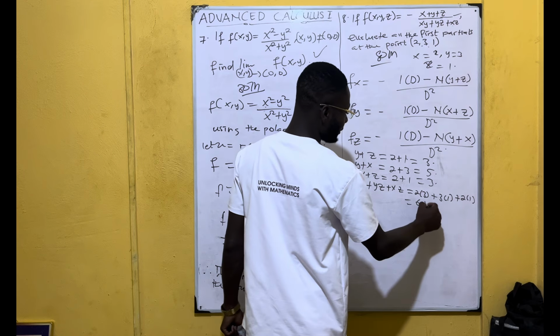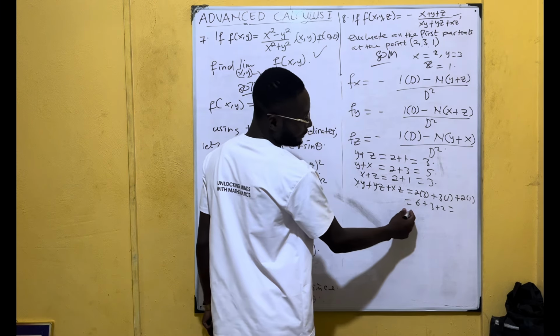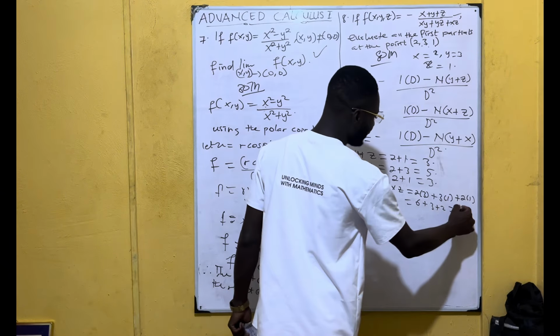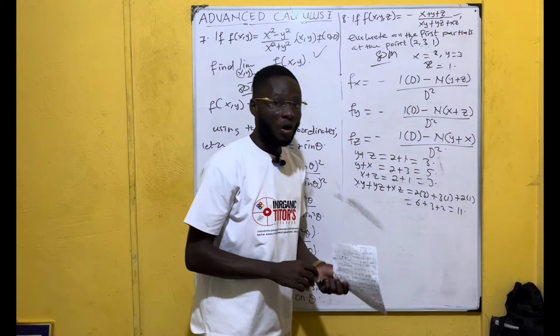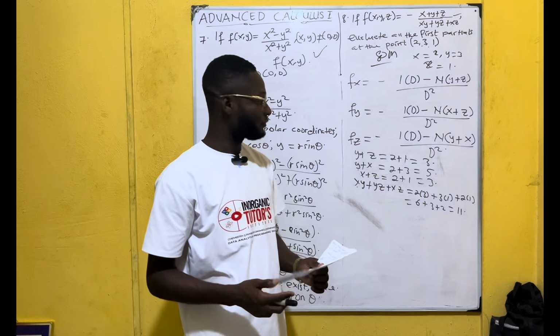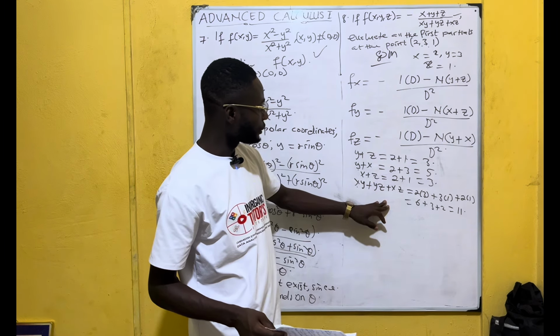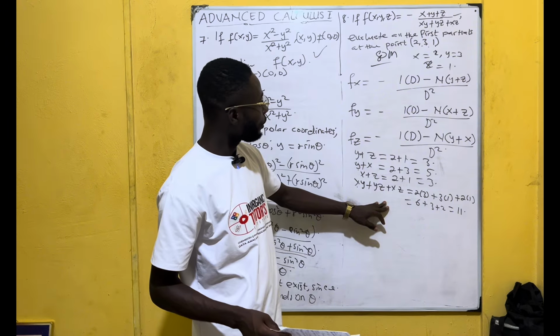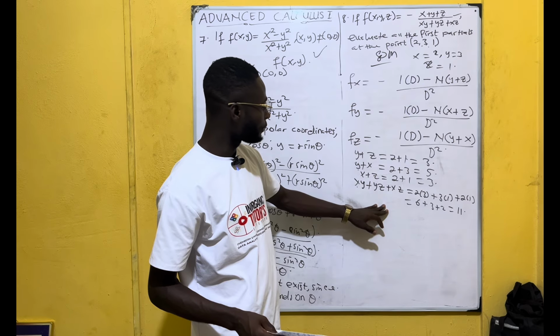And that will give us 6 plus 3 plus 2. This will give us 11, right? So now we've obtained all the needed values that we have to use. All we need to do is to substitute, and then we are good to go.